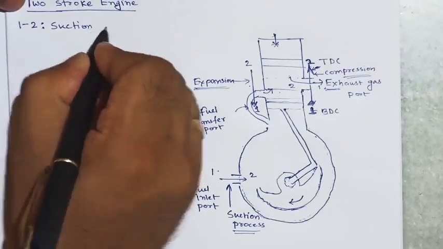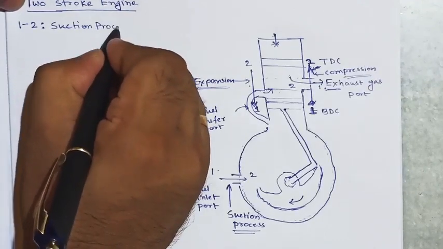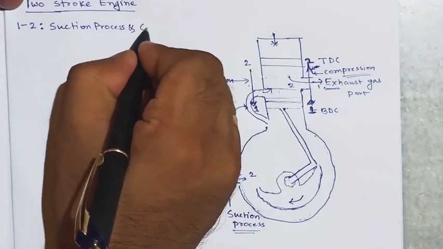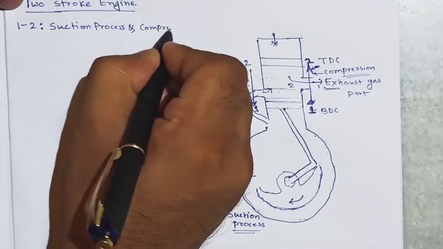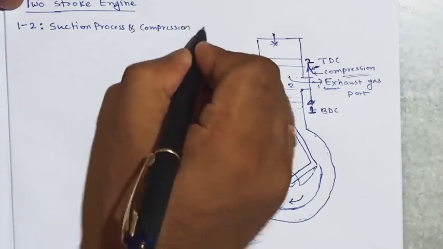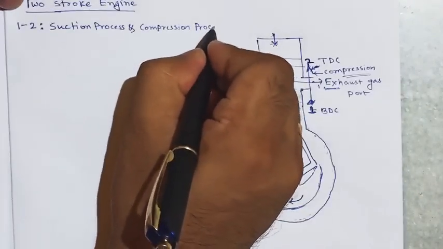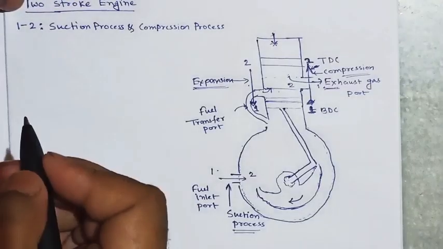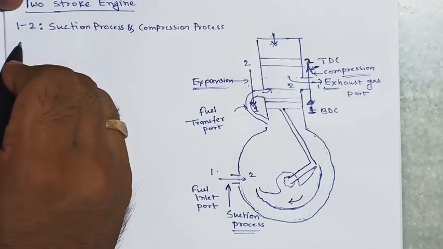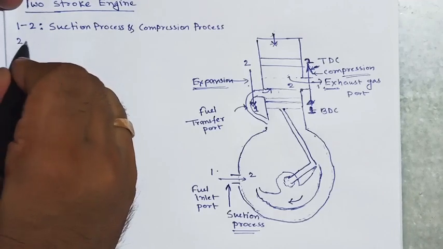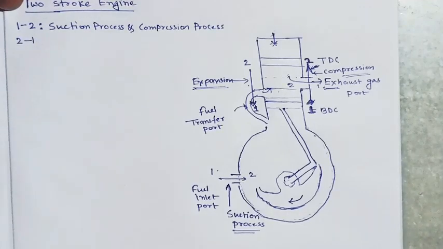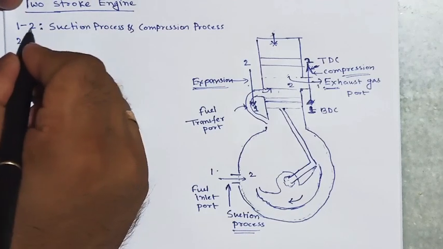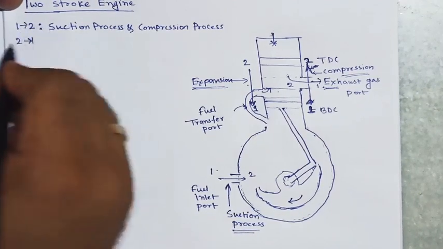So I can write this 1 to 2 as the suction process and compression process, making together, and 2 to 1, this process, this is 1 to 2 and this is 2 to 1.